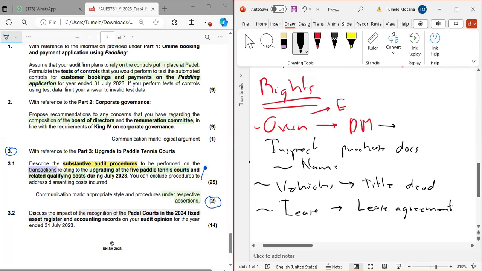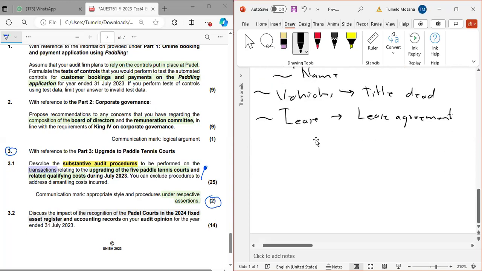With existence, the most reliable procedure, if you want to check whether something exists, is to perform a physical identification.